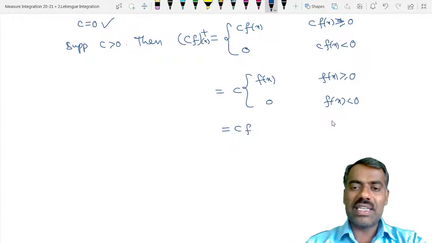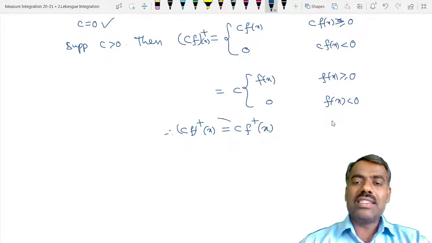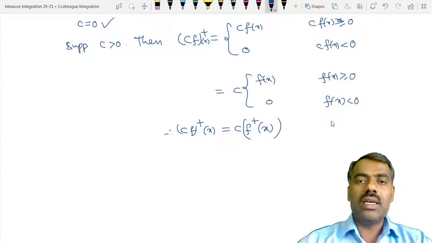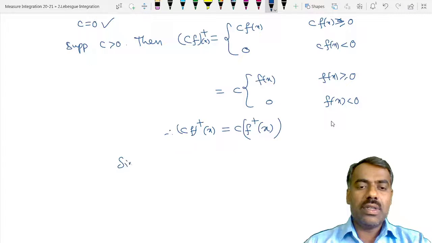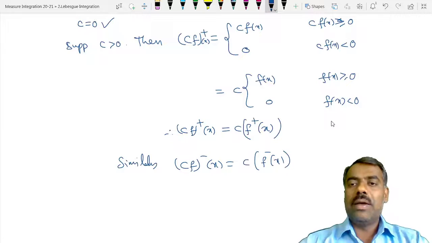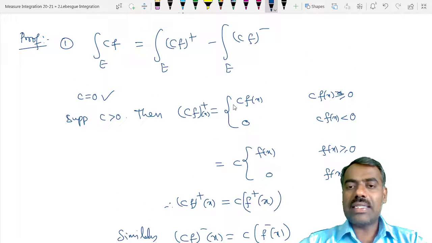So this is same as C times f plus of x. Therefore, positive part of CF is same as C times positive part of f. Is that clear? Similarly, you can easily check that the negative part of C times f is same as C times the negative part of f, because here minus will be there, right?